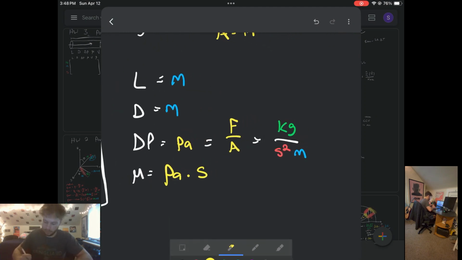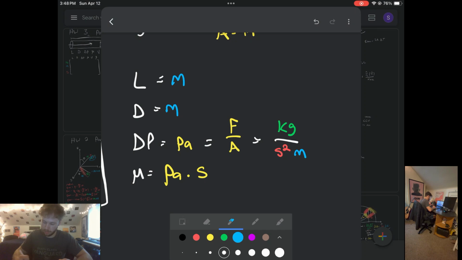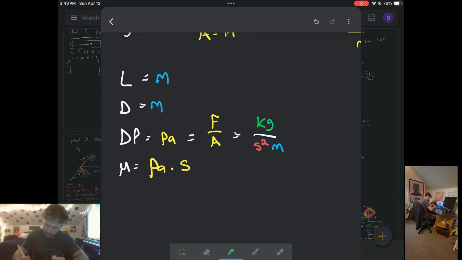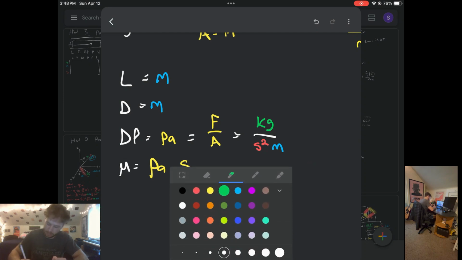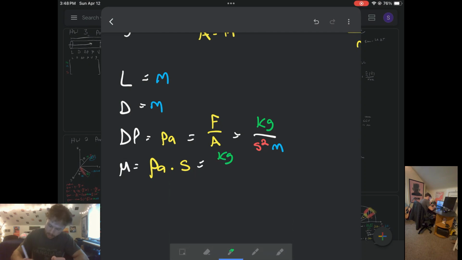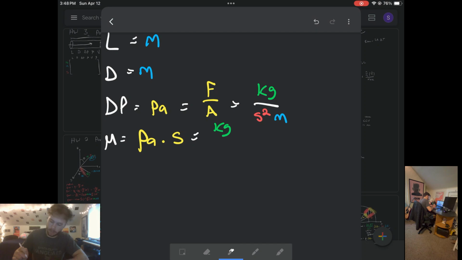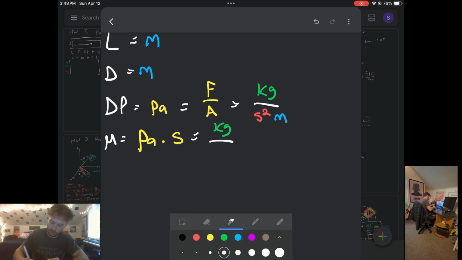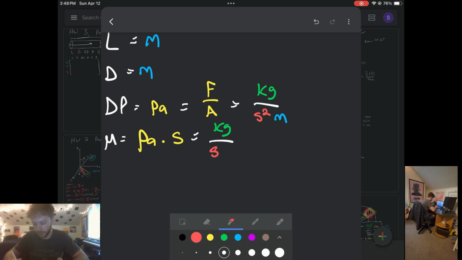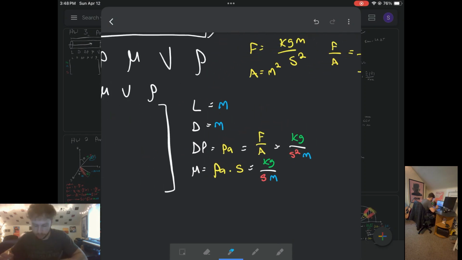So using our SI units derived from our pressure drop, we could say that our viscosity is in SI units of kilograms per second meters, because we're multiplying seconds in the numerator, so the square will cancel.